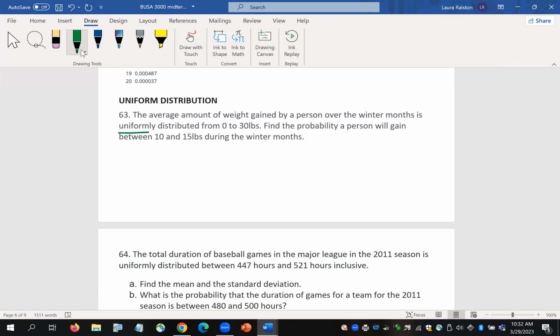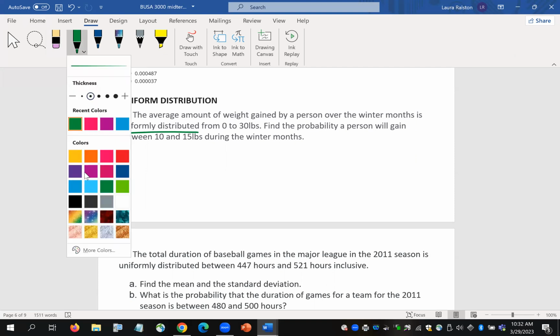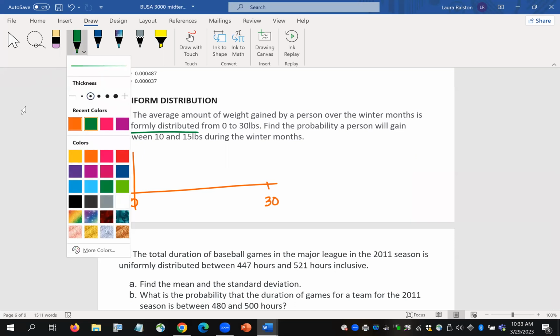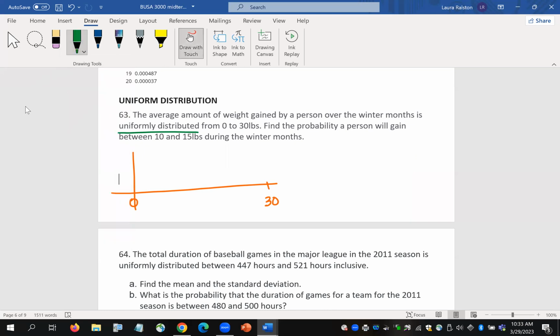So this one again clearly identifies the fact that it is a uniform distribution. Visually, when you draw the picture of a uniform distribution, it's going to be a rectangle. And it tells us that we start at 0 and we go to a max of 30 pounds.